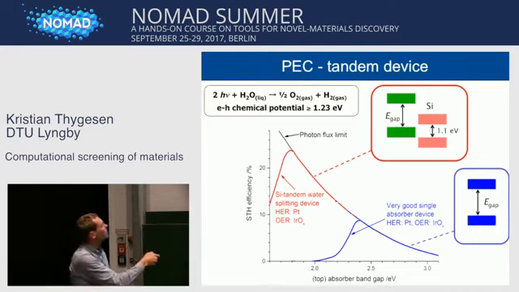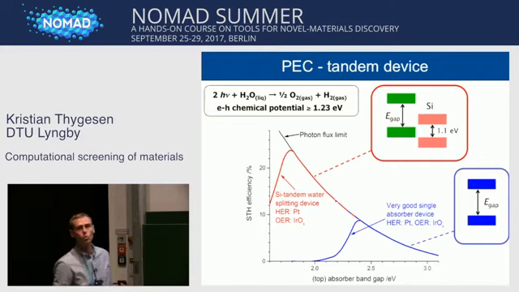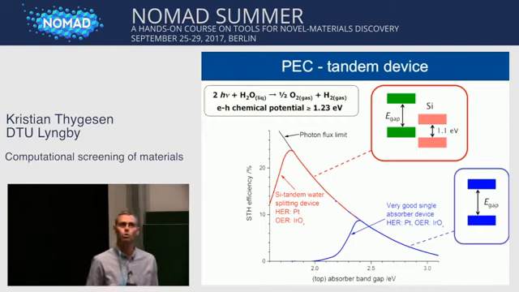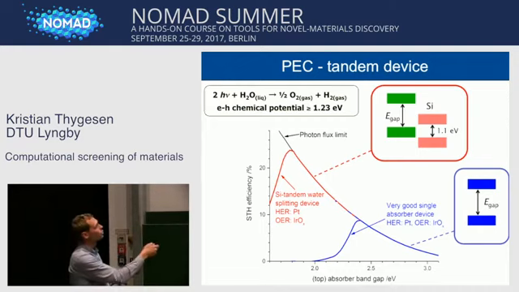If we combine a large band gap material with silicon, which has a perfect band gap for absorbing solar photons at the low band gap side here, with a band gap of around 1 eV, then you can see we can reach efficiencies of about 20%. And in that case, we need a material with a band gap of around 1.8.